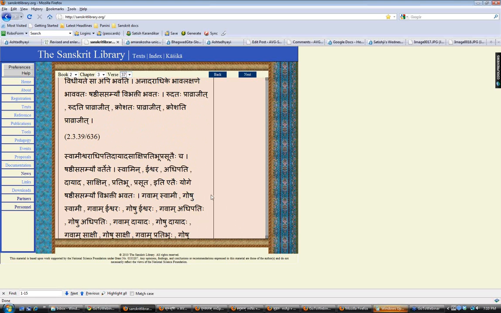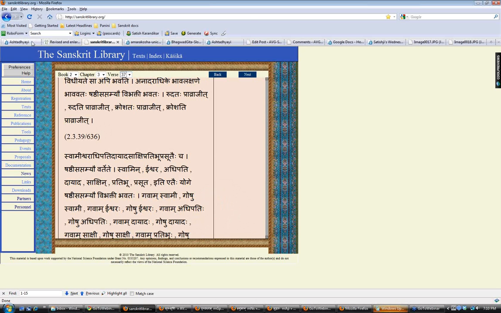So when you are the lord of something, or the heir to something, or witness to something, then Saptami can also be used along with Shashthi. So we say Gavam Swami, Goshu Swami. It's a specific word which we saw last time.